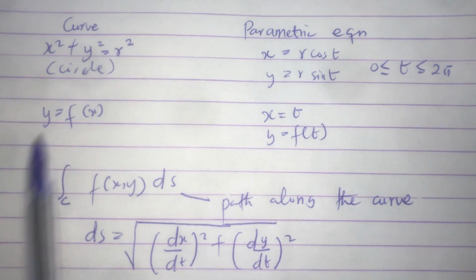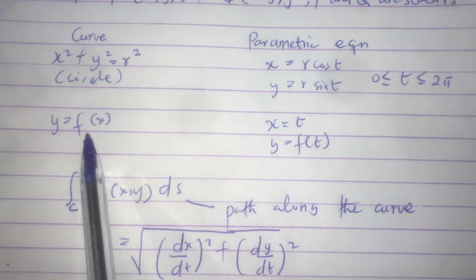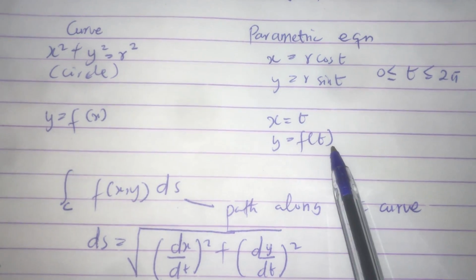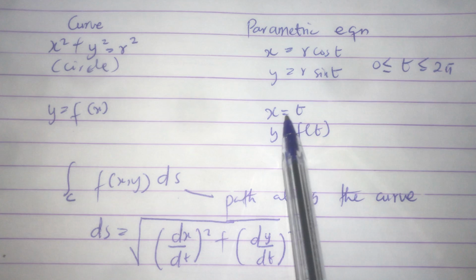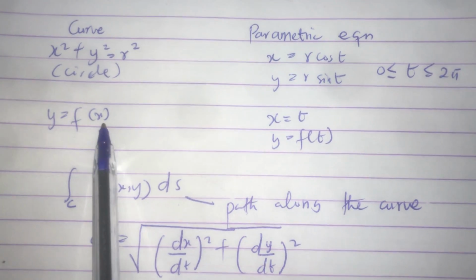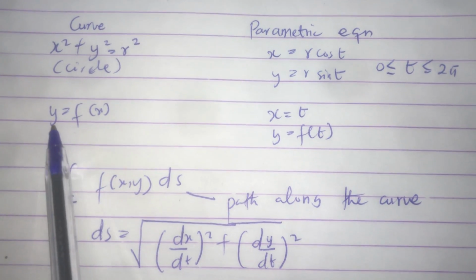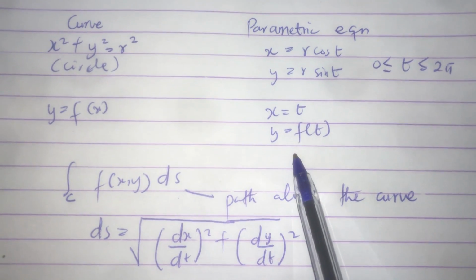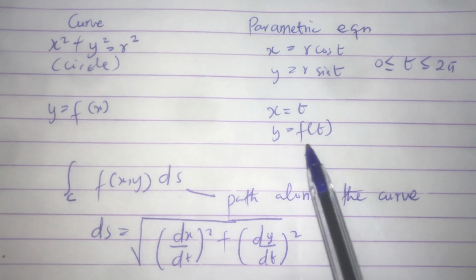If you have a linear function, its parametric equation becomes x equals t and y equals f of t. You see here, x is equal to t because the function is of x. But if it was a function of y, then y would rather be equal to t, and x will be equal to f of t.